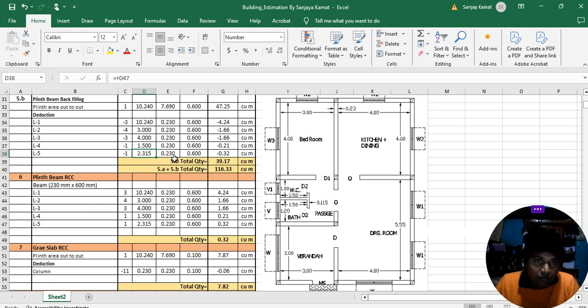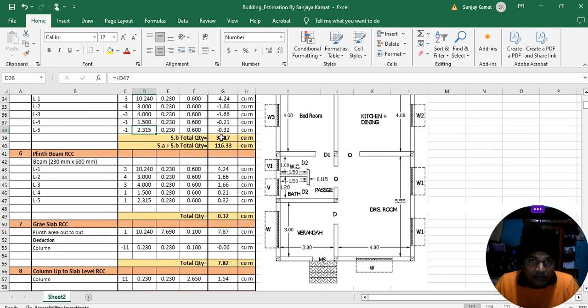The breadth will be constant with no change, and the depth, the thickness, will also be the same, 0.600 meter. Multiplying these four values, you get minus 1.66 cubic meter, minus 1.66 cubic meter, minus 0.21 cubic meter and minus 0.32 cubic meter.